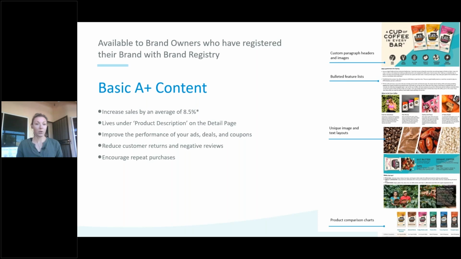It shows in a description called product description on the detail page, so it's a little bit further down. But you can use up to 5 different modules to talk about your product and again, educate your customers on what the product is.